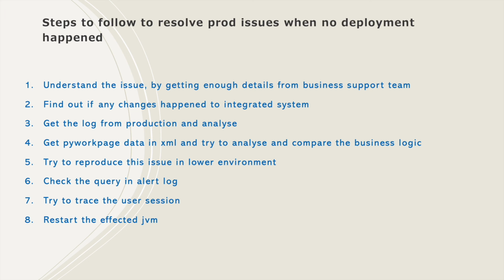The fifth is that once you have that XML and other details, you can try to have similar data sets and reproduce this issue in non-prod. Also, check the query in the alert log.